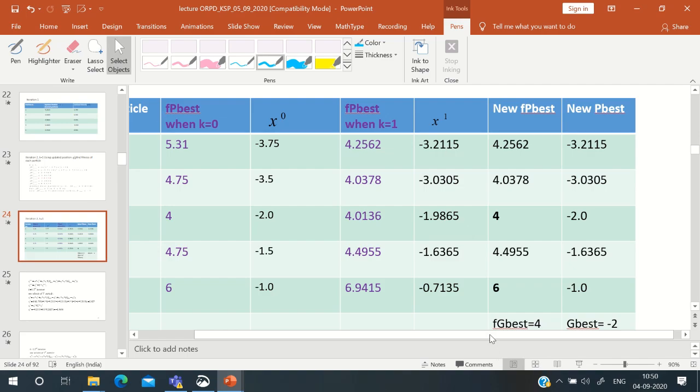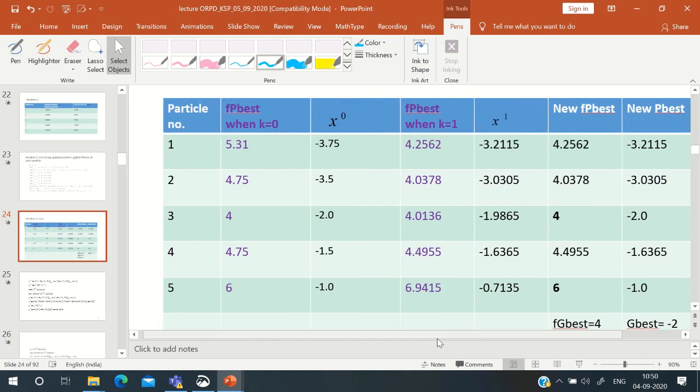Now we will carry out two comparisons. We will compare the fourth column and the first column, find which one is minimum, and preserve the minimum one, which will be used in the subsequent iteration. Comparing these function values, which one is minimum? 4.25 is minimum.